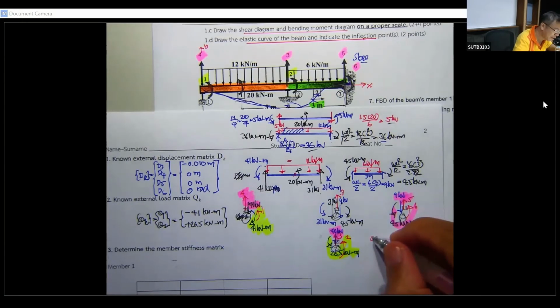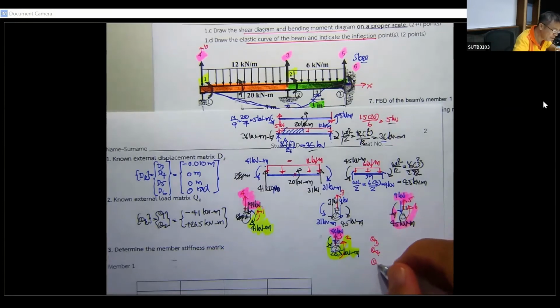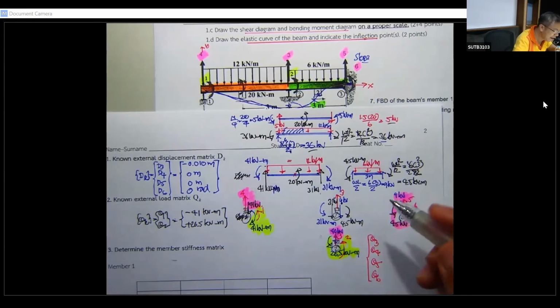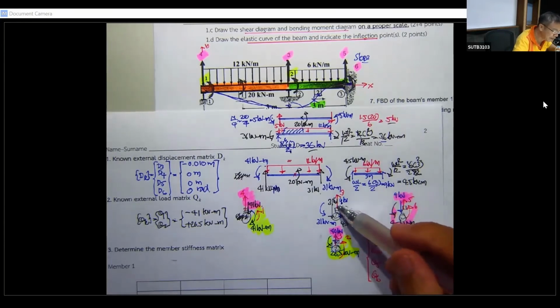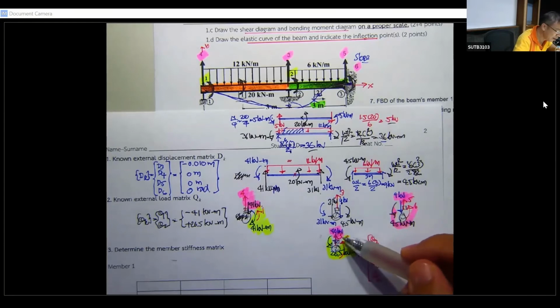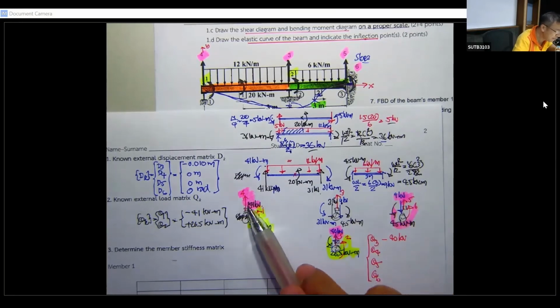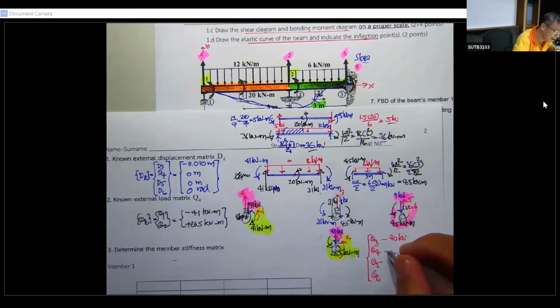We have Q3, Q4, Q5, and Q6. For Q3, you can see the 40 is downward, so minus 40 kilonewton. For Q4, the 41 is downward, so minus 41 kilonewton.